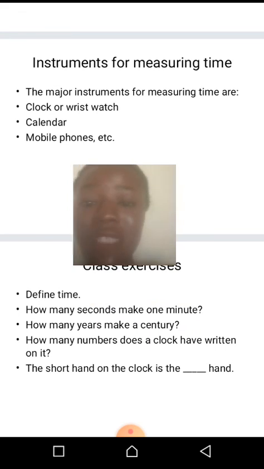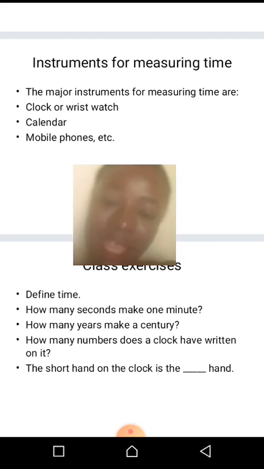Now we use AM, a capital letter A, a dot in between, and a capital letter M. We use AM to tell time running from midnight to noon. Anytime from that period, we call it AM.